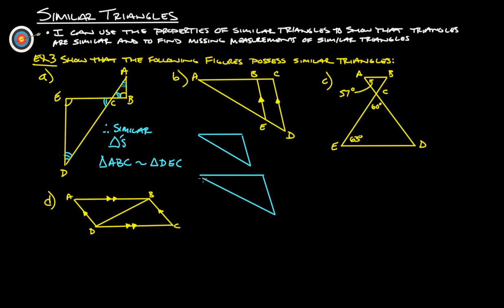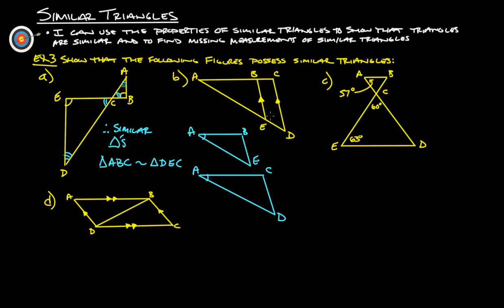The smaller one is A, B, E, and the bigger one is A, C, and D. A is the same in both, so we know for sure that A is the same as A.